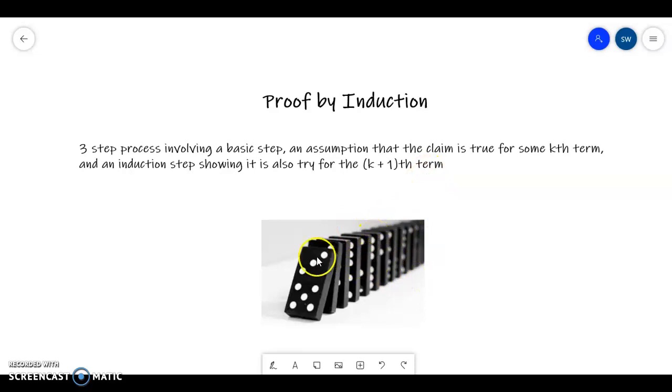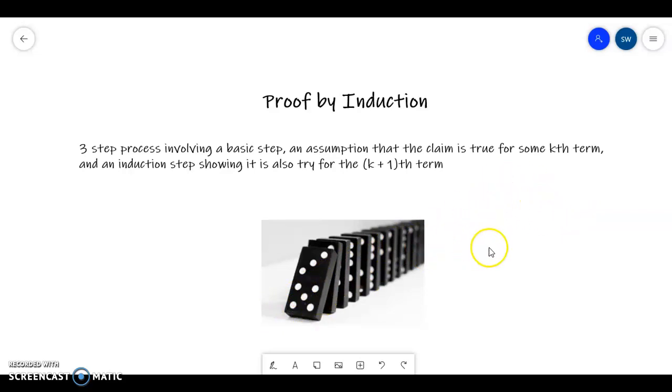The analogy usually used to describe this is dominoes. The first domino pushes, falls over, starts the chain. And then somewhere way down the row, you say, okay, I assume that a domino down here falls over. Not any one specifically, just any domino from the range.